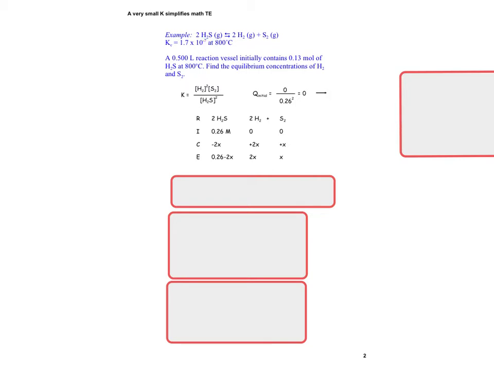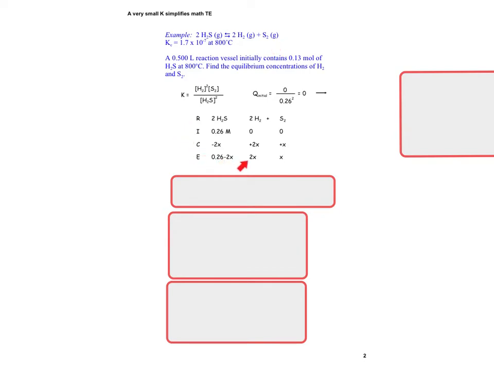I can find Q. There are no products initially. And 0.26, what's that about? It's 0.13 divided by 0.5. It has to be molarity. That's where my 0.26 comes from. So it's 0 over 0.26 squared, which is 0. So clearly my reaction goes towards the products.